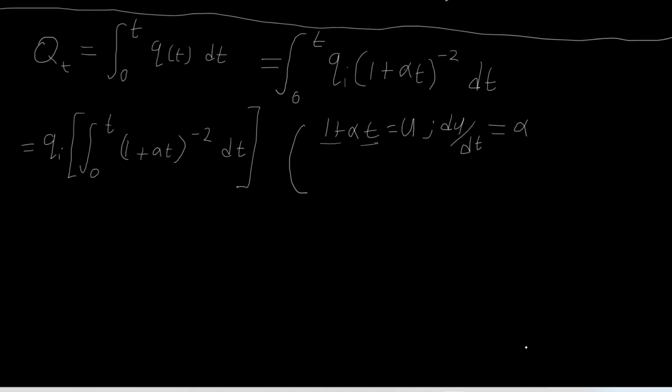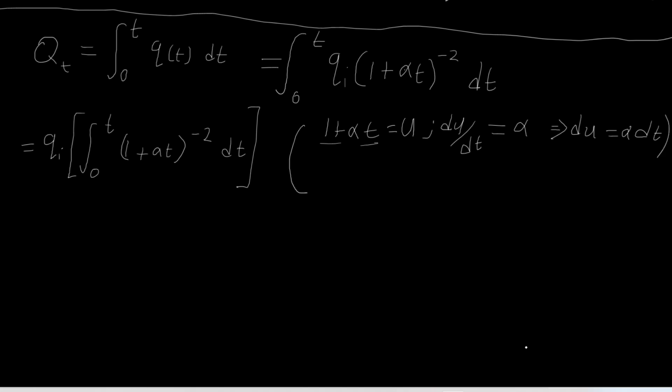Now we won't just leave our answer like this, we will leave it in form of du. Multiplying both sides by dt, du is equal to alpha dt, or you can say you cross multiply, anyhow you choose to put it.